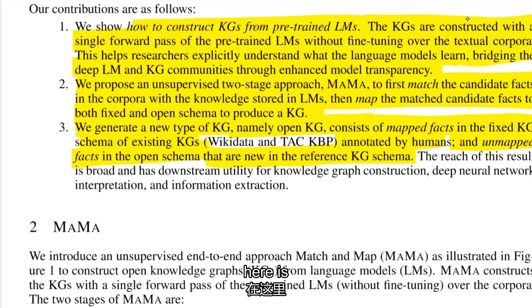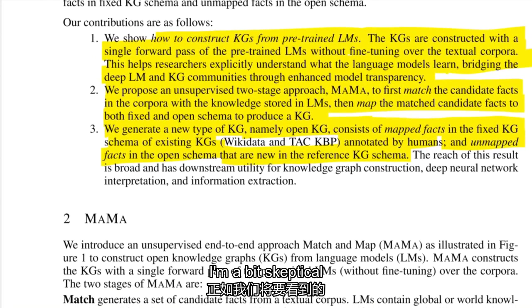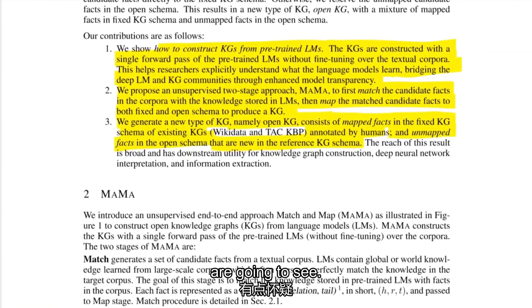So what they claim here is that their system finds new relations that don't even exist in the schema and is able to build new additional schema entries. And they call this the open knowledge graph. I'm a bit skeptical of this, as we're going to see.